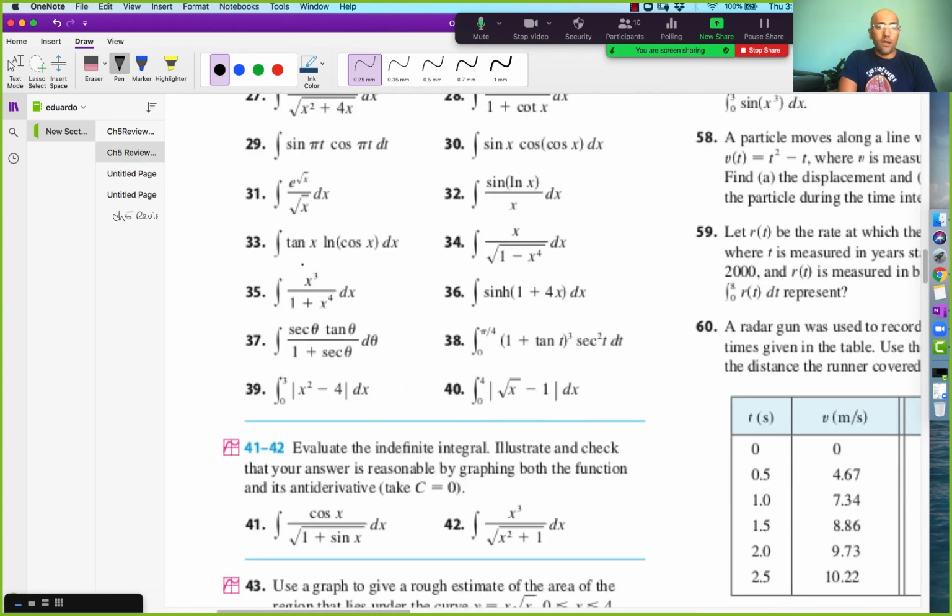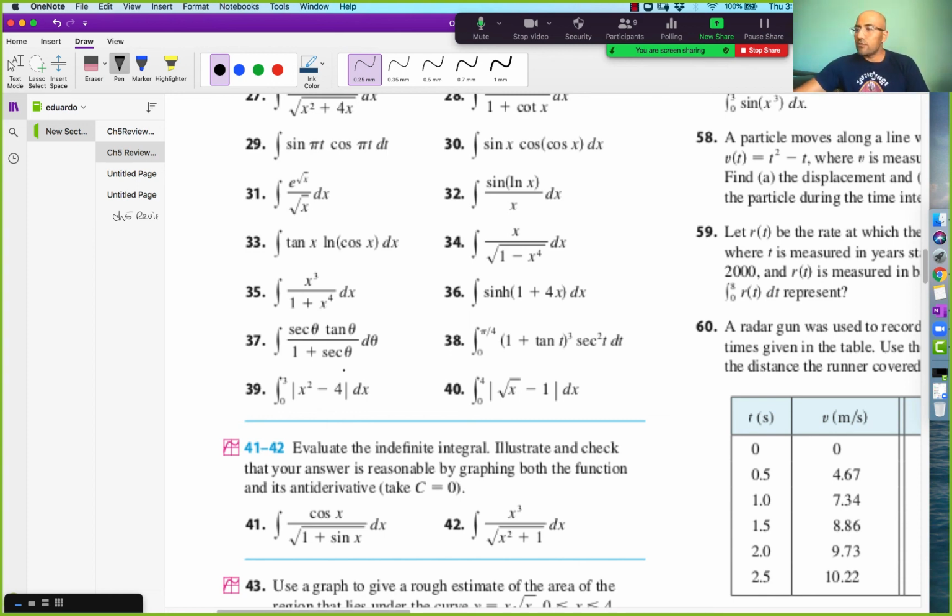Okay, moving on. I see another great application of u substitutions, right? Because if I let u equal this denominator, its derivative will involve an x to the 3rd power. There it is, right there. So that should be easy. Same thing for 37, another great application of u substitutions. 39 looks a little trickier.